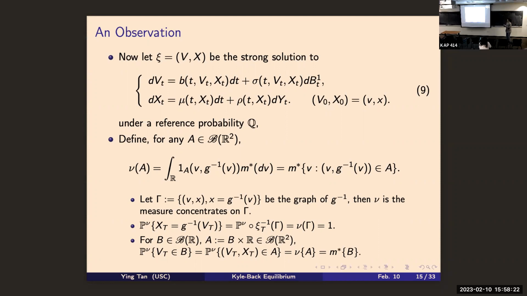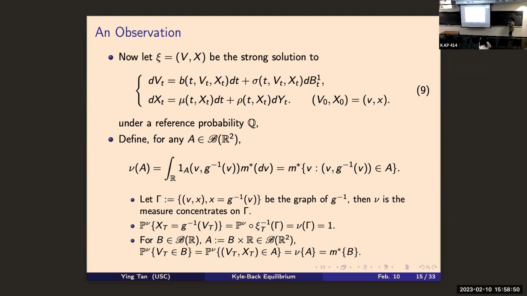The distribution we want to construct has the property that it only concentrates on the graph of G inverse. So if this is V capital T, and this is X capital T, we hope V capital T is equal to G inverse of X capital T, and we have the graph for G inverse because it's increasing.